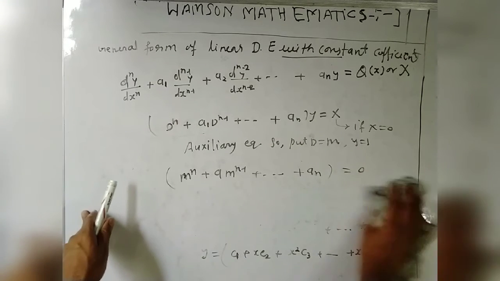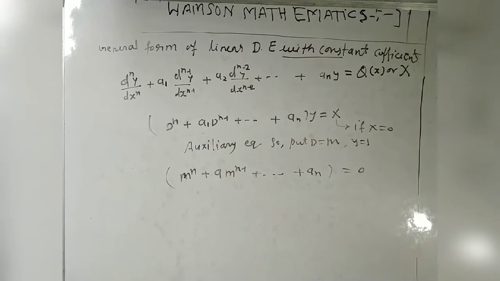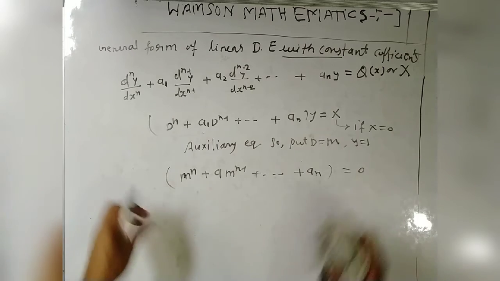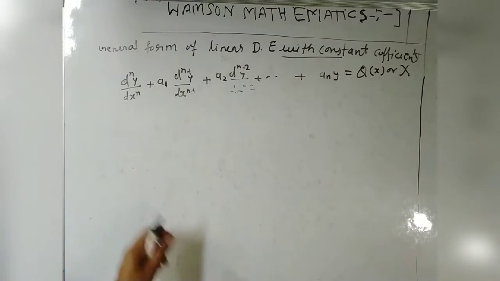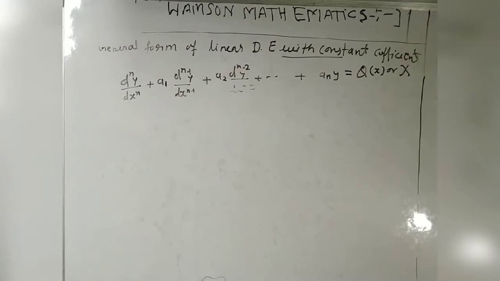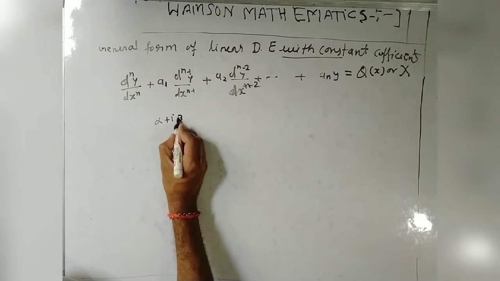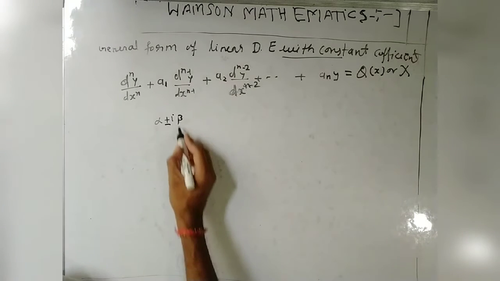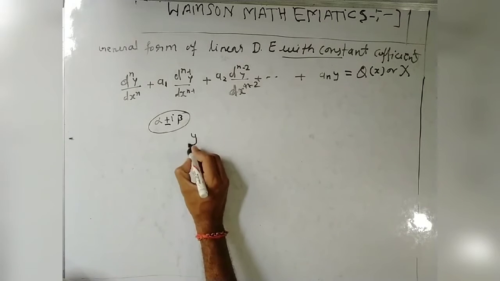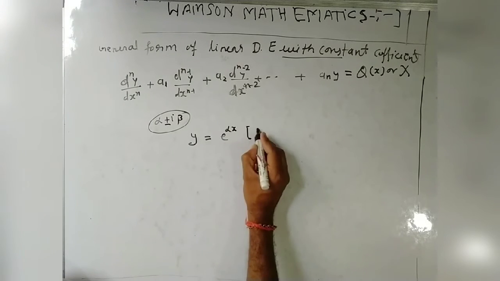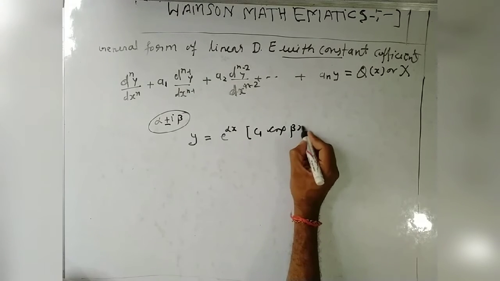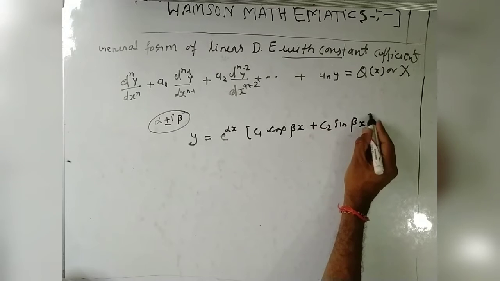Another concept: if these roots are complex, of the form alpha plus minus i beta, then the solution is y equals e to the power alpha x times (c1 cos beta x plus c2 sin beta x) in this form.